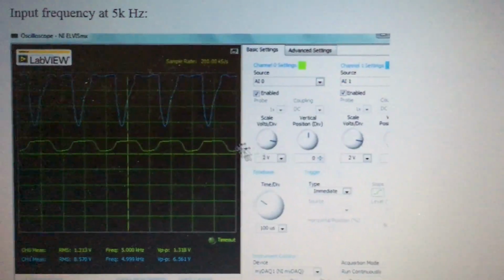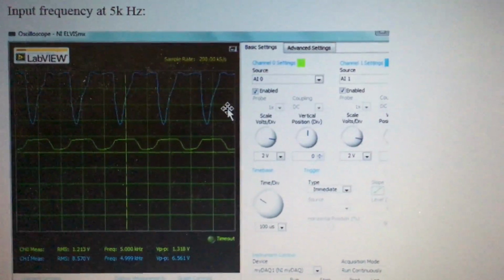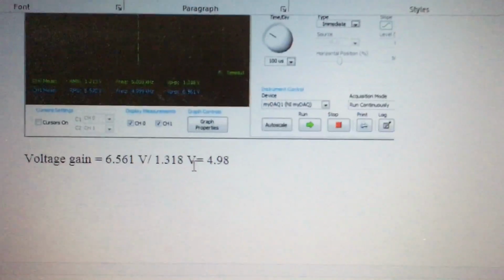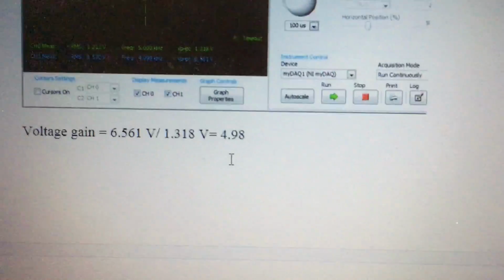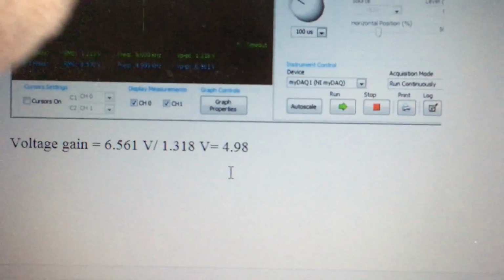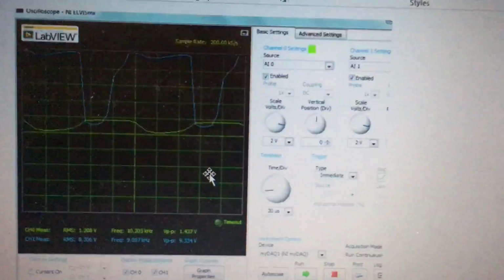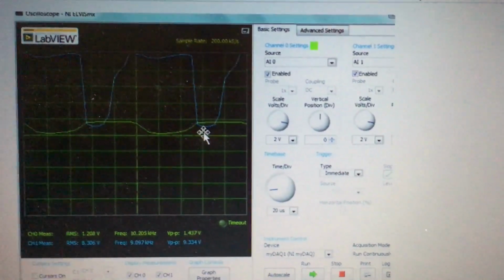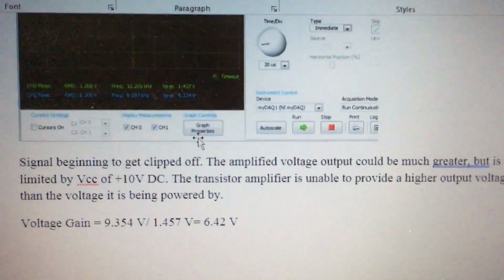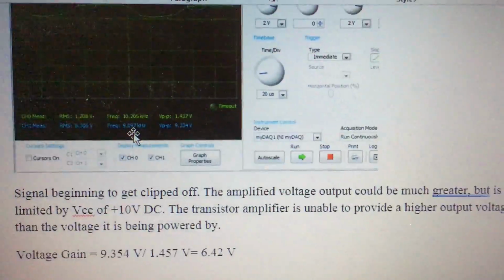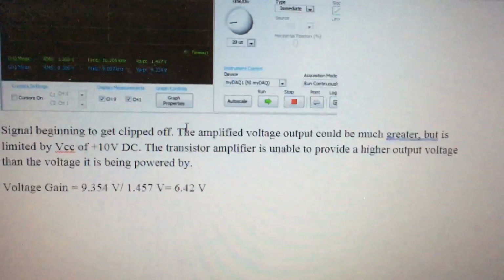Now when it gets to 5 kilohertz, there is a really big amplification. The voltage gain is at 4.98, almost 5, and at 10 kilohertz, once again, it just keeps increasing the amplification. But another effect is that the signal is beginning to get clipped off.